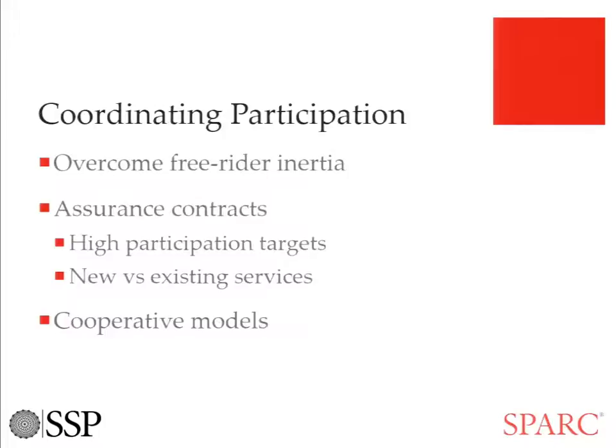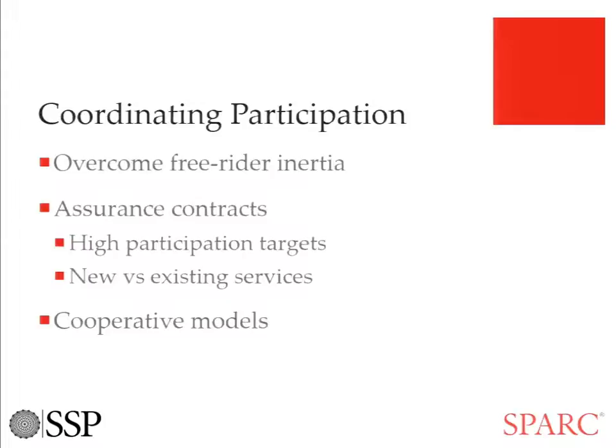The model that's typically used is something called an assurance contract, which is basically a provisional agreement that participation is contingent on a certain threshold of participation being reached. So we'll participate at this level if this many other institutions participate at that level.